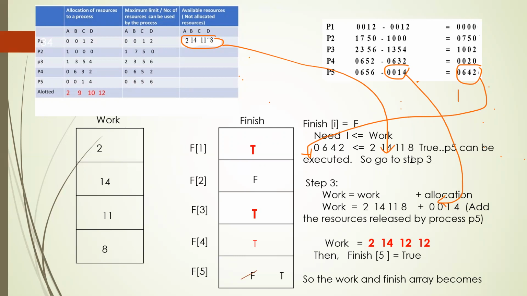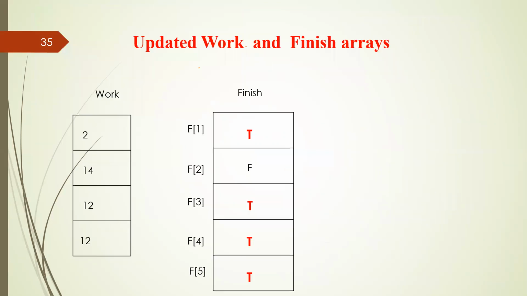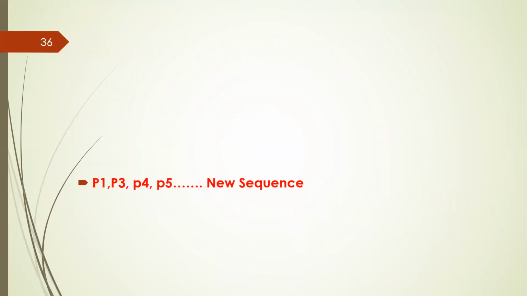Now the work array becomes 2, 14, 12, 12, and Finish[5] becomes true as per the formula. So the work array becomes 2, 14, 12, 12 and the finish array becomes true, false, true, true, true. Now the new sequence is P1, P3, P4, P5.